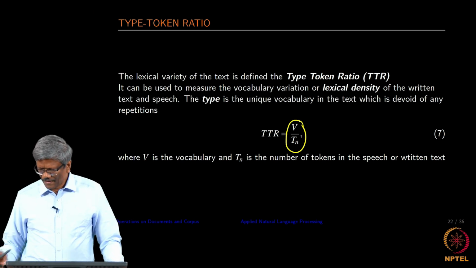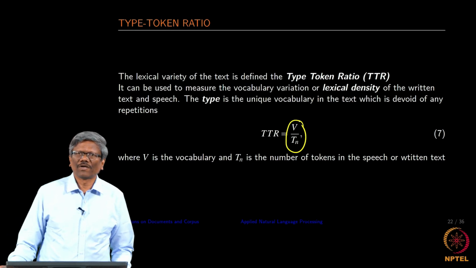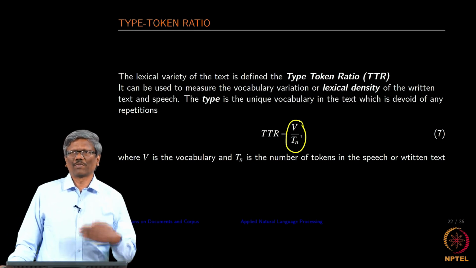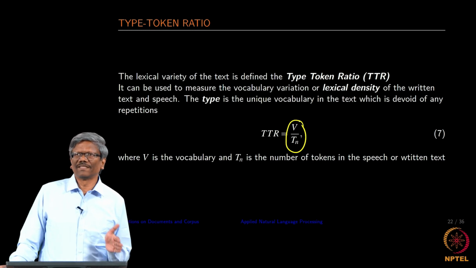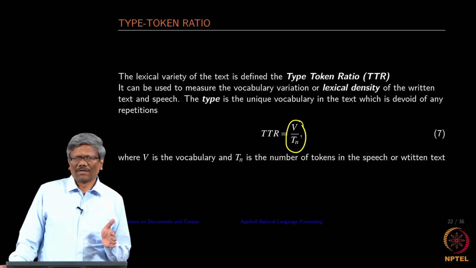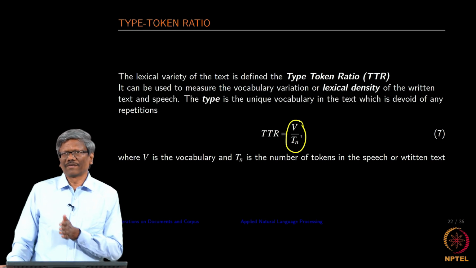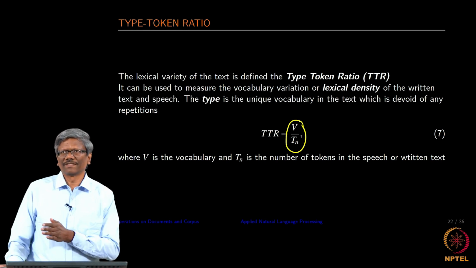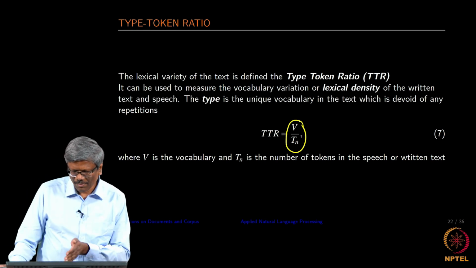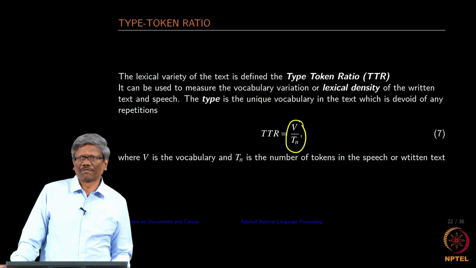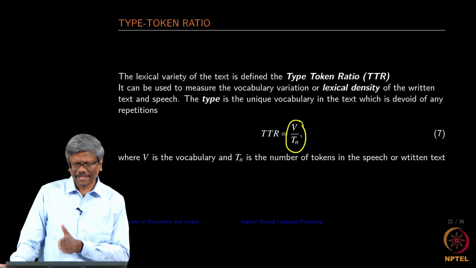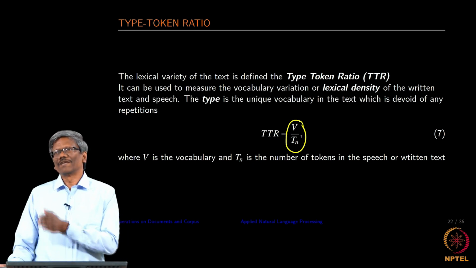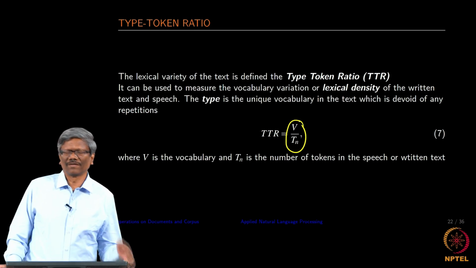It would be useful in finding out how we are improving our vocabulary on a regular basis. For example, you want to track a child's vocabulary acquisition. You can use this ratio to find out whether the child is really improving the TTR by adding more and more vocabulary to the repertoire.